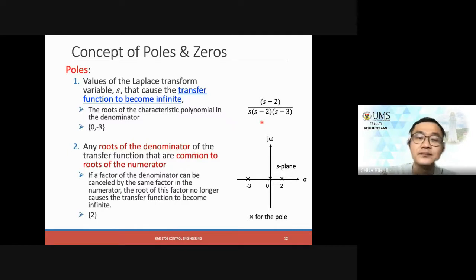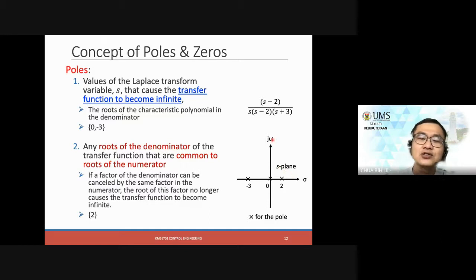Then from there, we would know the roots of the denominator of the transfer function, and we would plot them out on what we call the S-plane, the S type of graph itself.